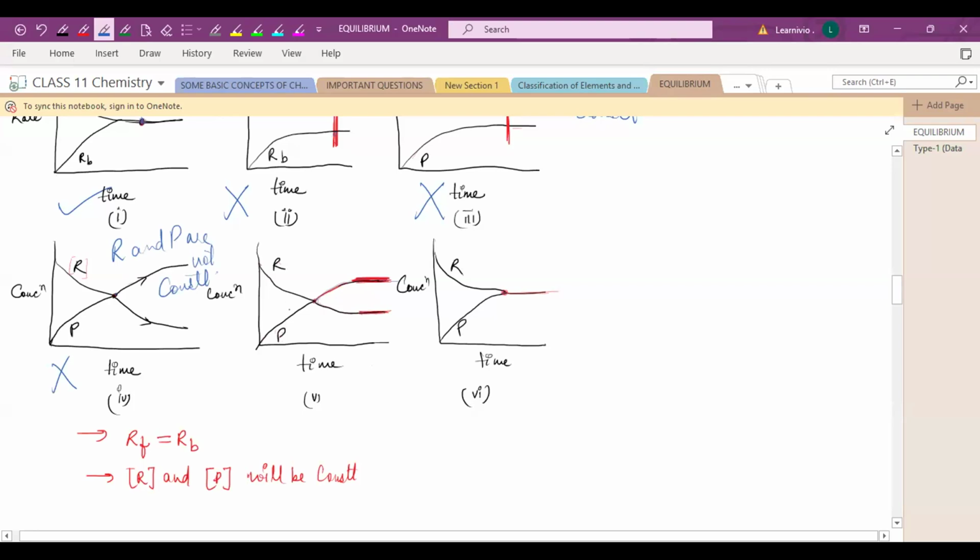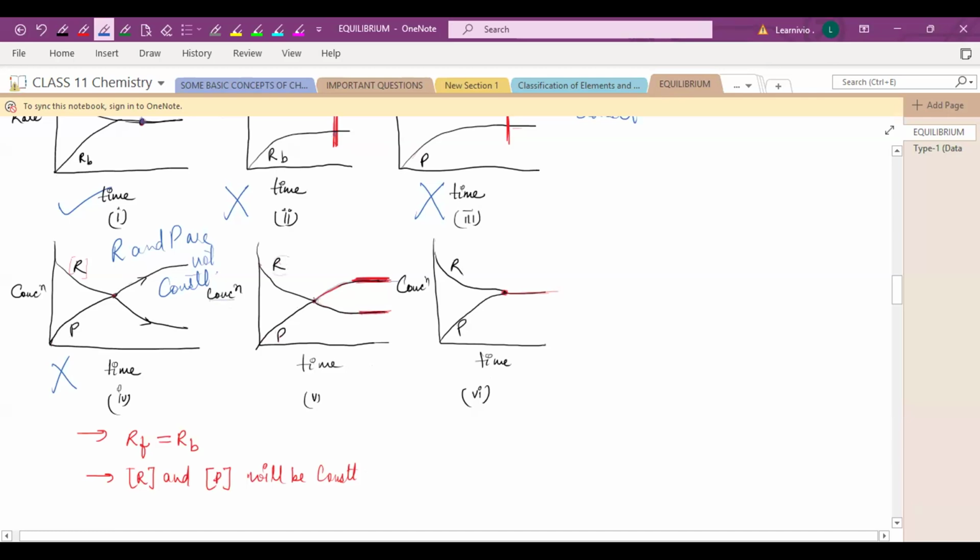Now, fifth graph. Let's check it. The concentration of the product, again this is the concentration versus time graph. Product is increasing, the reactant concentration is decreasing. At this point, they merge. The concentration becomes equal.